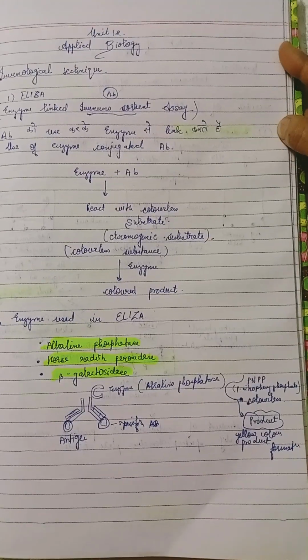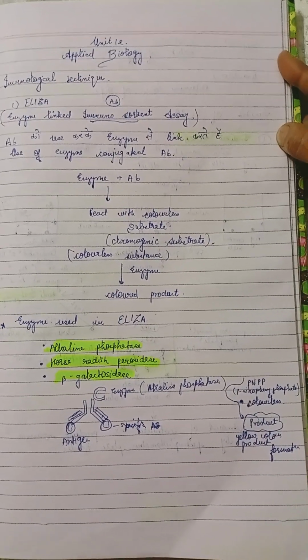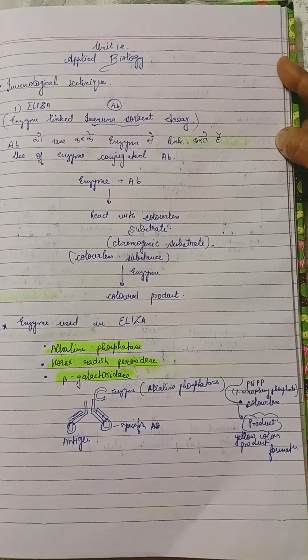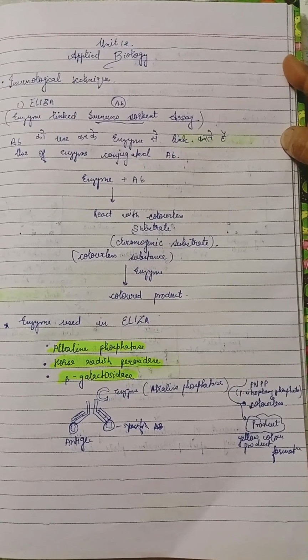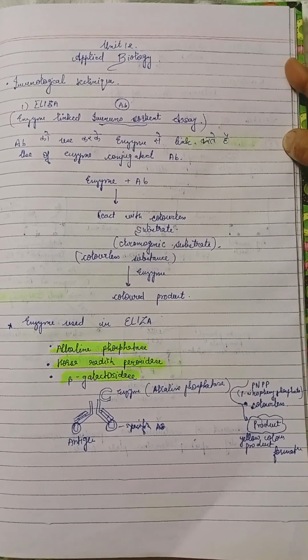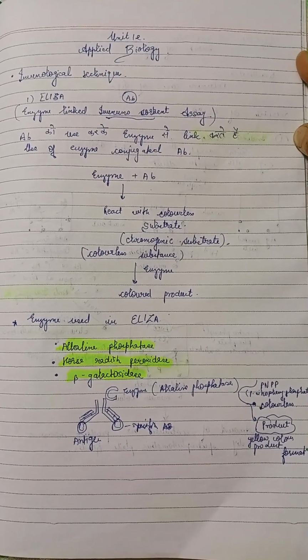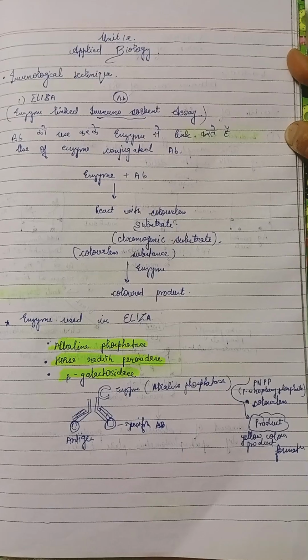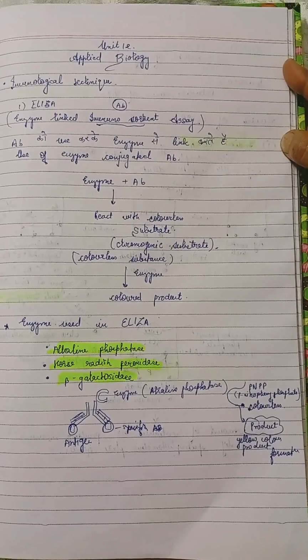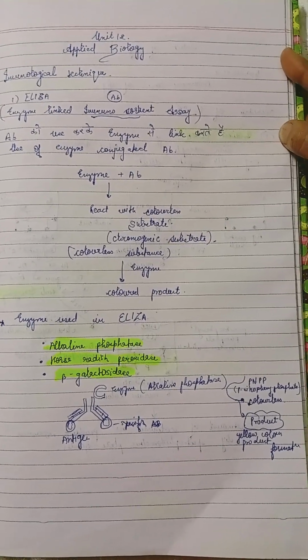For example, the enzymes used in ELISA are alkaline phosphatase, horseradish peroxidase, and beta galactosidase. With a specific antibody, when a specific antigen binds, and with that antigen we link an enzyme, for example alkaline phosphatase.